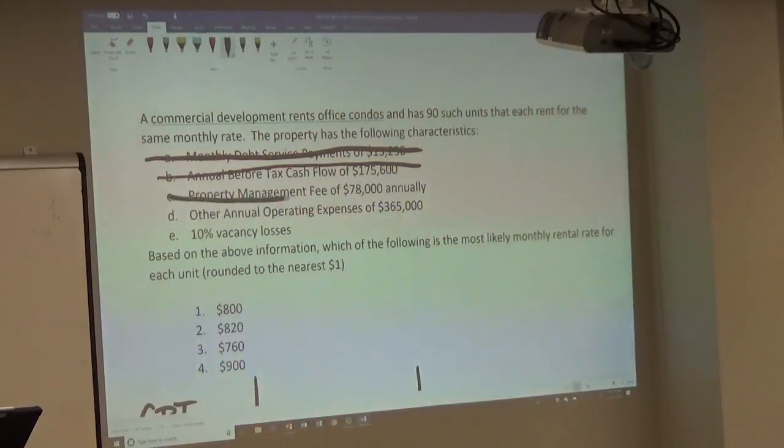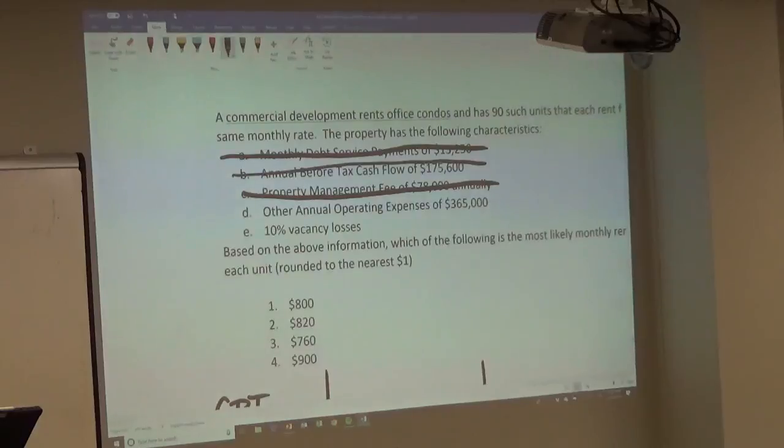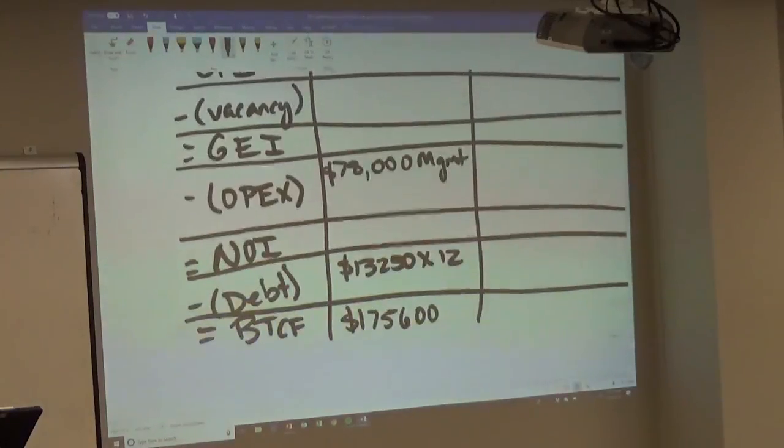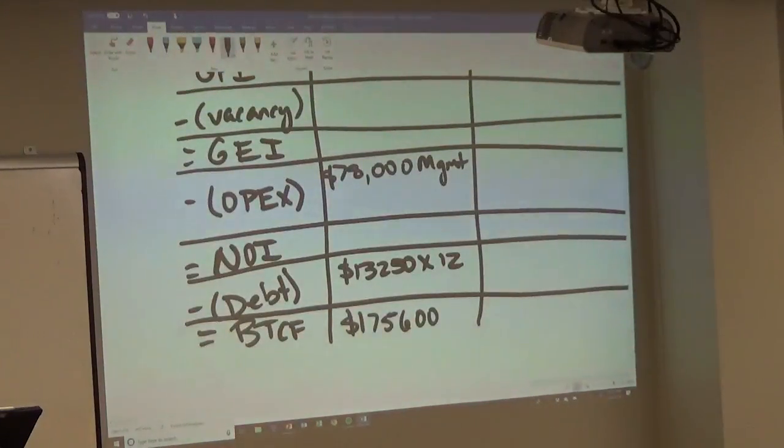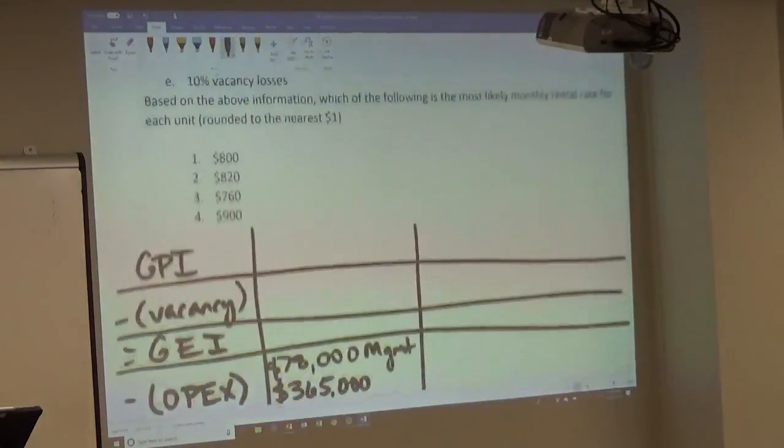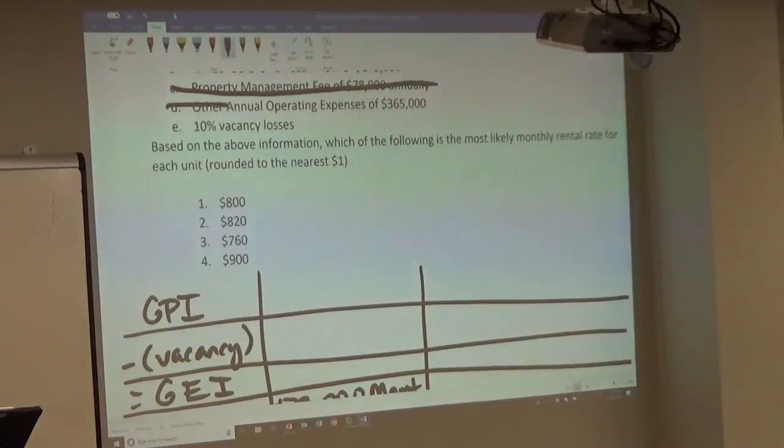Now other annual operating expenses of $365,000. So we're going to come back down to the operating expenses and put $365,000. Done with that. And then 10% vacancy losses. So vacancy here is going to be 10%. So now we've filled in all the information.